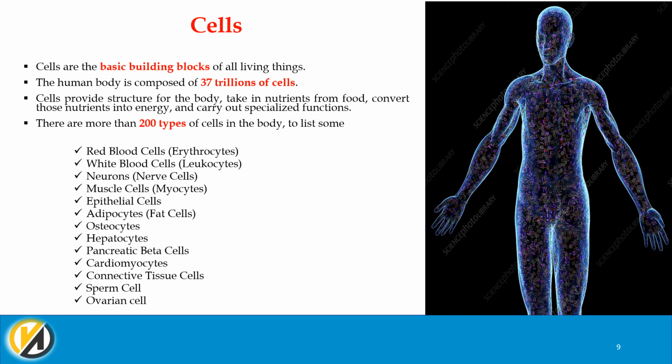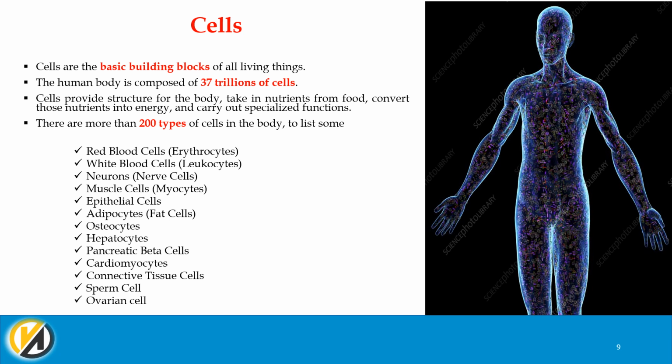Technically, we can categorize these 37 trillion cells into 200 types of cells in the body. To list some as examples: red blood cells, white blood cells, neurons or nerve cells, muscle cells or myocytes, epithelial cells, adipocytes or fat cells, osteocytes, which are bone cells, hepatocytes, pancreatic beta cells, cardiomyocytes, connective tissue cells, sperm cells, and ovarian cells.